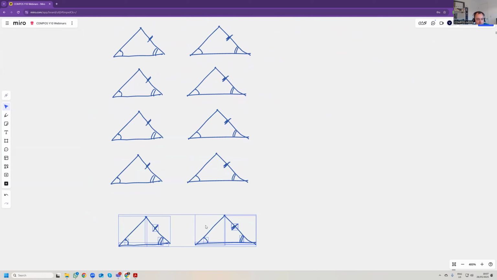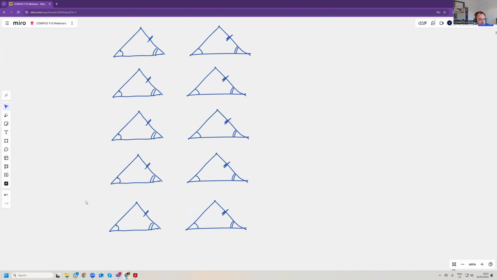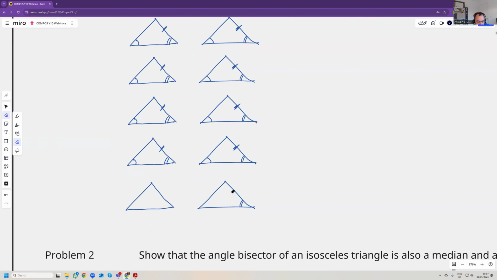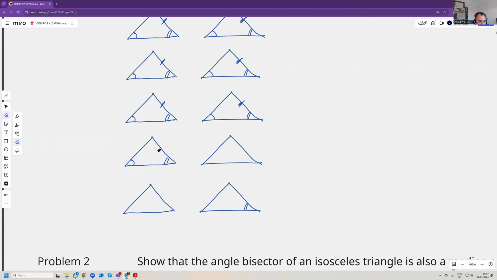So let's do 5 different scenarios. And here I will delete those.